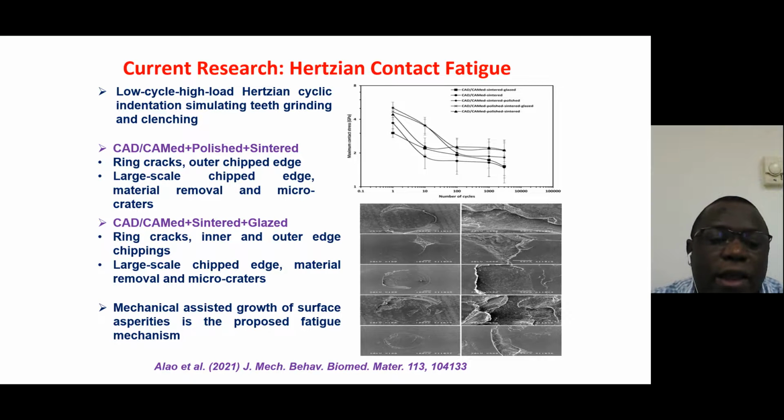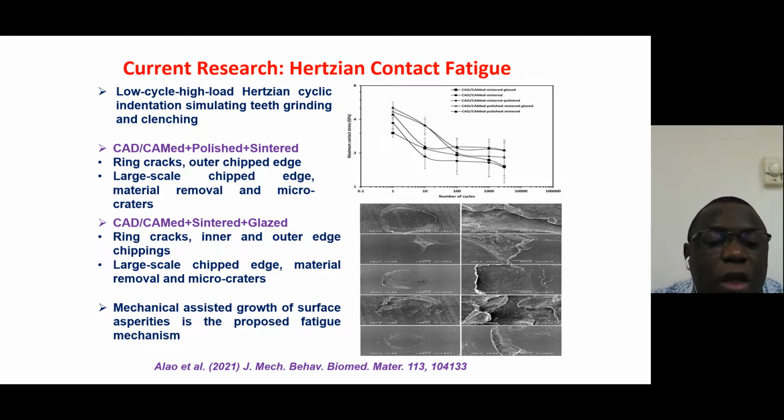Another is computer-aided design, computer-aided manufacturing, followed by sintering and glazing. Another one is computer-aided design, computer-aided manufacturing, followed by polishing, then sintering, and then glazing. So I only brought out the two because these are two extremes that generated the highest surface roughness and the lowest surface roughness.